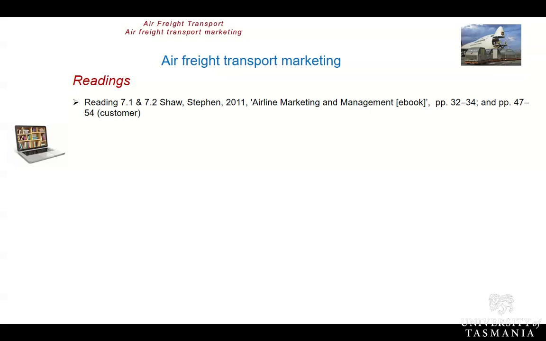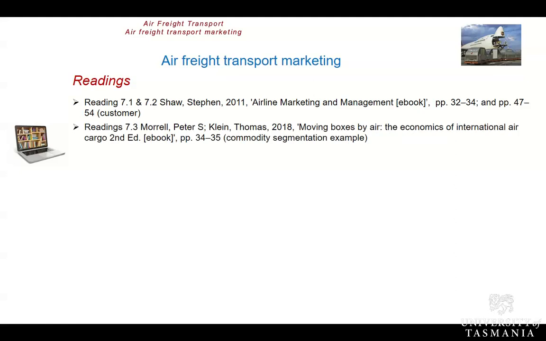So, for example, the first readings 1 and 2 from Shaw, it's 3 or 4, 2 pages and then another 3. That relates to the customer. So if you're seeking some clarity around who the customer is, what is a customer, you can use that particular reading, and so on and so forth.